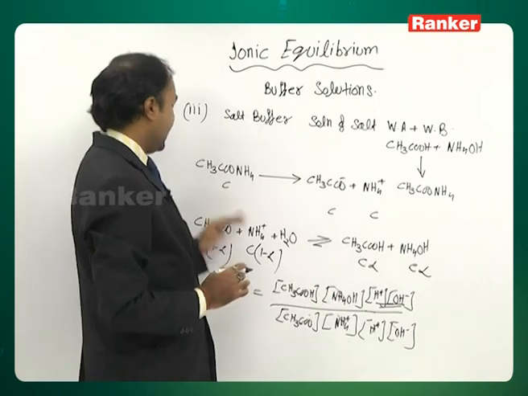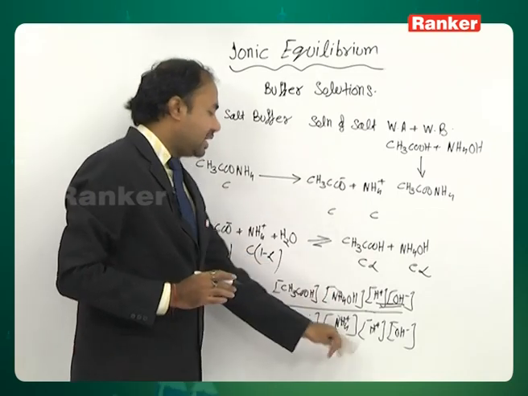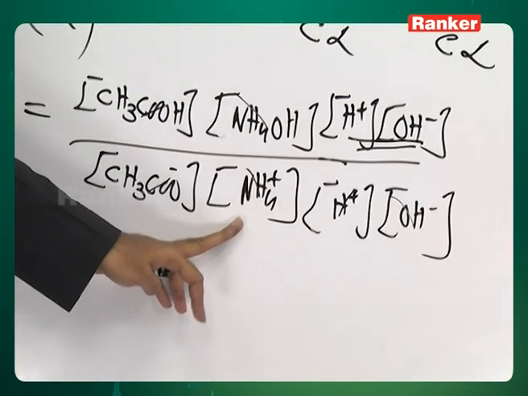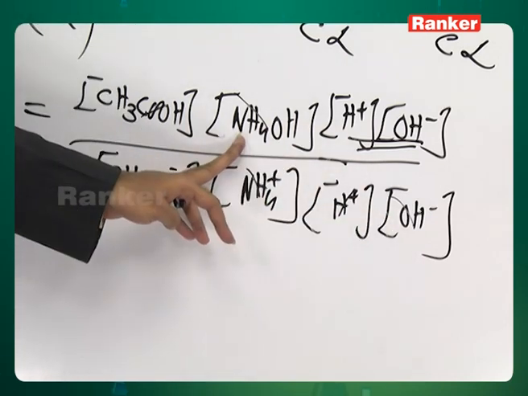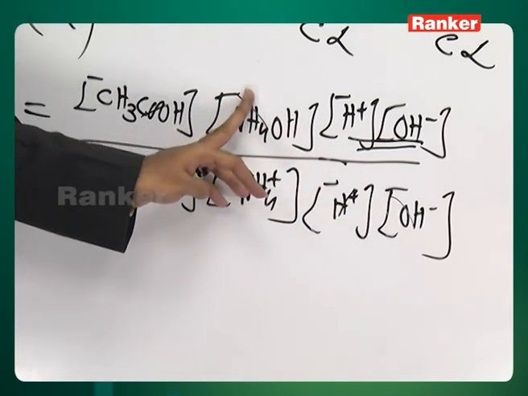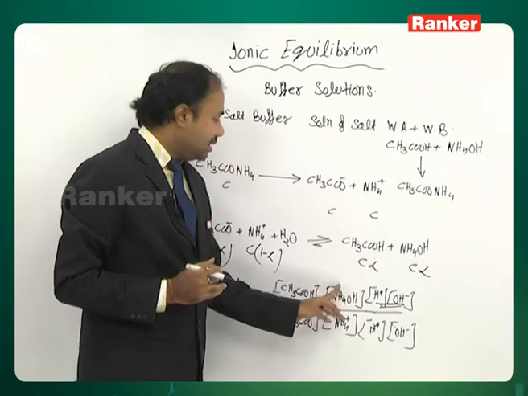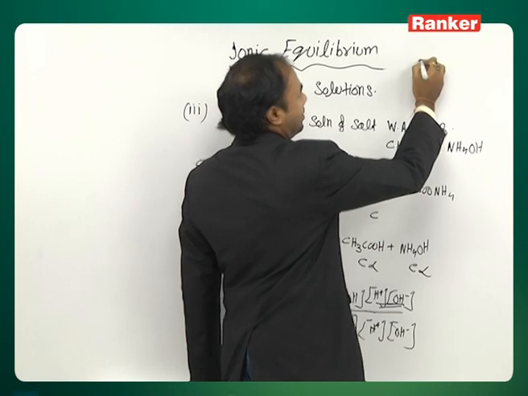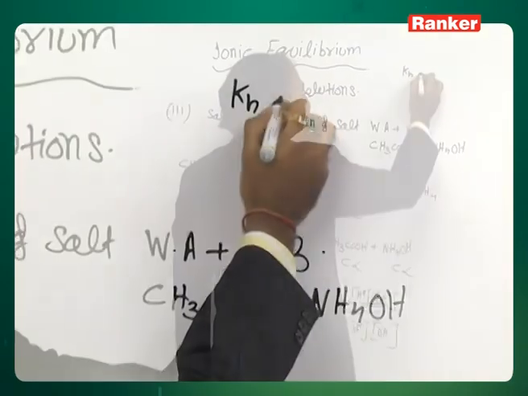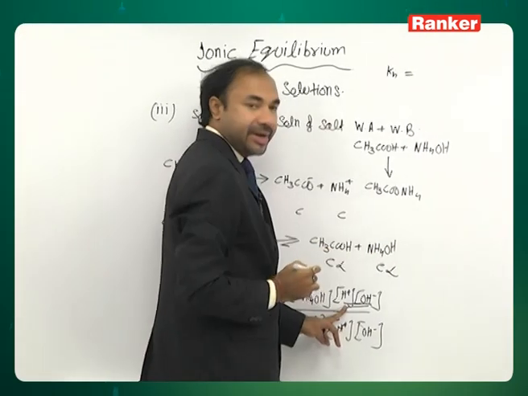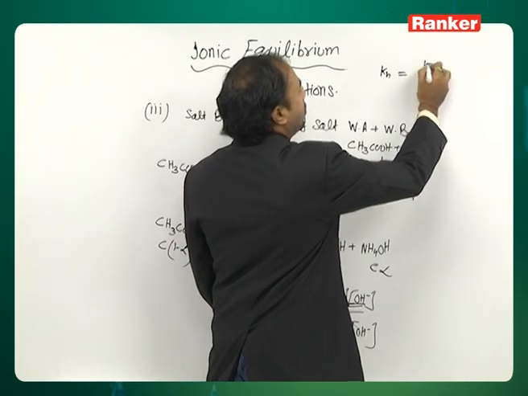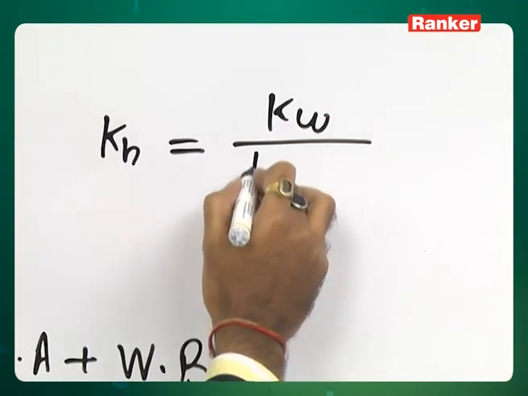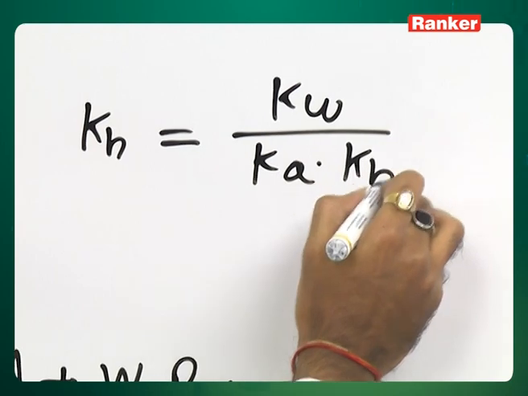If you write equilibrium separately, at that time, Kb will be equal to ammonium ion into hydroxyl ion upon ammonium hydroxide. So here it is reversed. So we are putting it as 1 by Kb. We substitute the values and we get from here that Kh equals Kw by Ka into Kb.